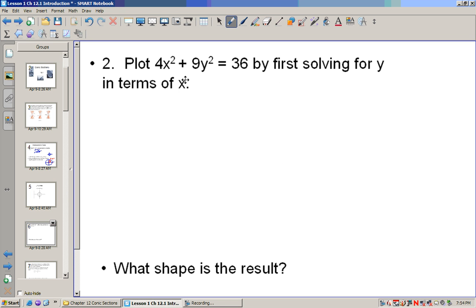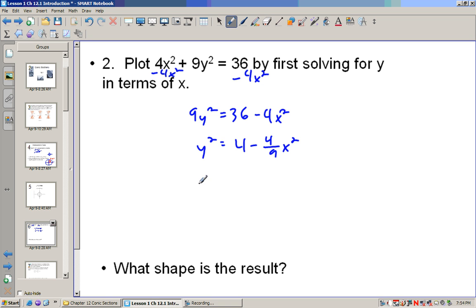Now if we plot 4x squared plus 9y squared equals 36, first solve for y and then plot it. You'd have 9y squared equals 36 minus 4x squared, because the first thing we do is subtract 4x squared from both sides. Now we divide by 9, so y squared is equal to 36 divided by 9, which is 4, minus 4 ninths x squared.